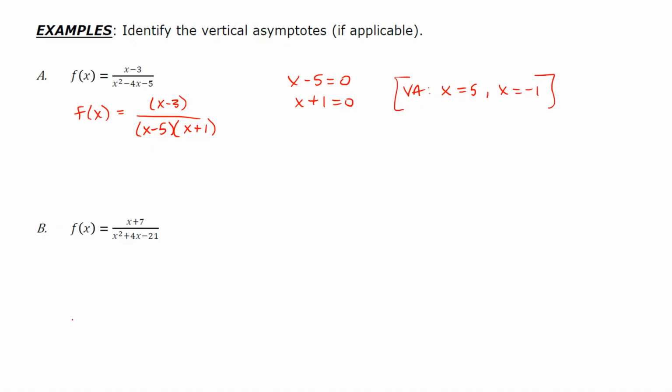Okay. All right, B. We're going to rewrite f of x as a product of linear factors in the denominator, and that will be x plus 7 and x minus 3. Okay, so we have common factors in the numerator and denominator, so this would simplify to 1 over x minus 3.